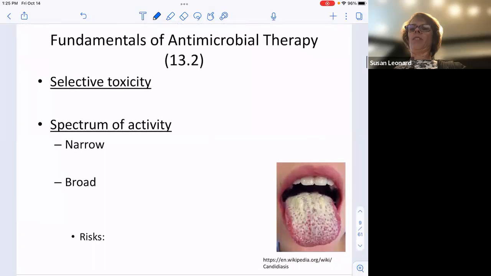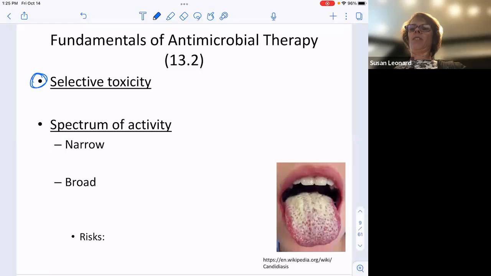All right, so before we get into our run of drugs, when we're thinking about what kind of antibiotic to prescribe, or when we're trying to develop new antibiotics, really the first thing we have to consider is, is that drug selectively toxic?